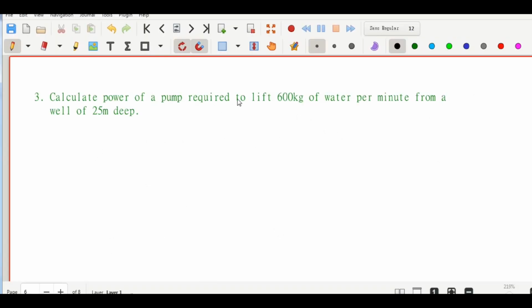Calculate the power of a pump required to lift 600 kg of water per minute from a well 25 meter deep. I have to find power. First, given data: 600 kg means let m be equal to 600 kg, per minute means time t is equal to 60 seconds.